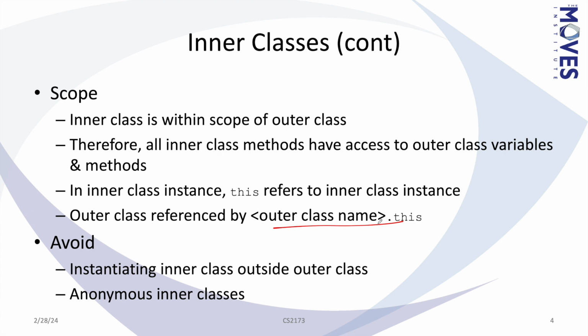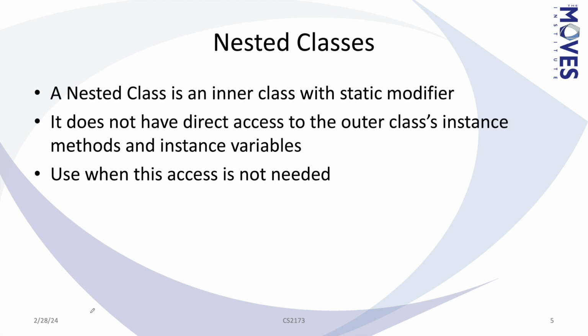So we want to avoid instantiating outside the outer class, and then there is something called an anonymous inner class that for some reason some people like, and it's really a terrible thing, so don't do that. And I'm not telling you how to do it, but if you go on Stack Overflow, then you'll see.